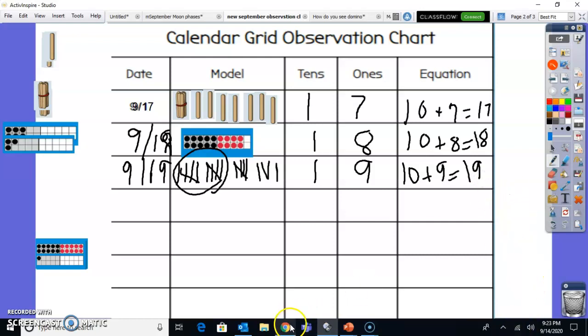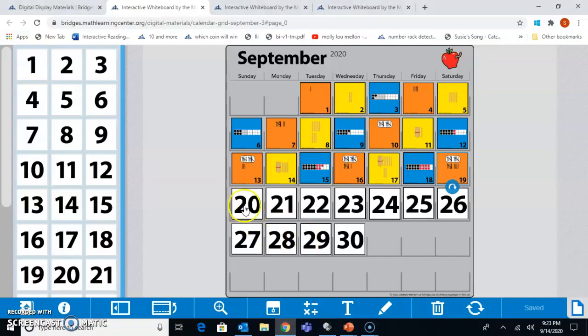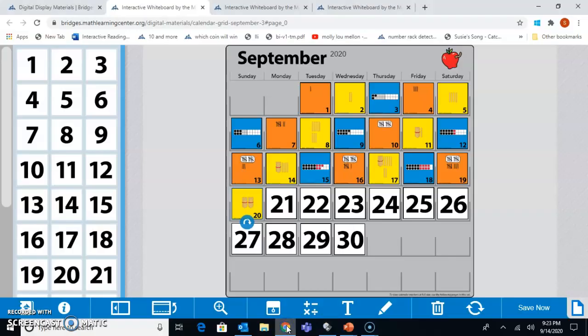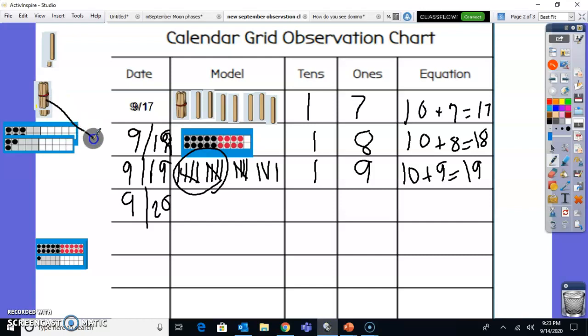Okay, let's go ahead and look at Sunday. We saw Sunday's moon. Let's look at Sunday's calendar grid. Oh, popsicle sticks. So our date on Sunday is going to be 9, September 20th. Now, if we look at our picture, we have two groups of 10.